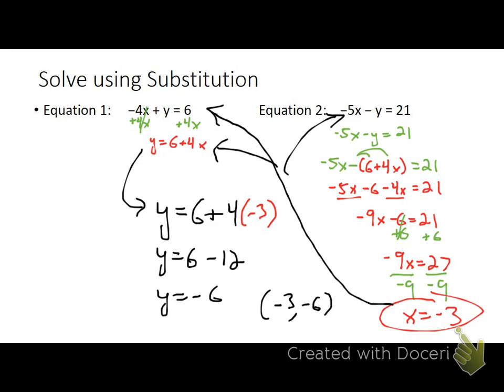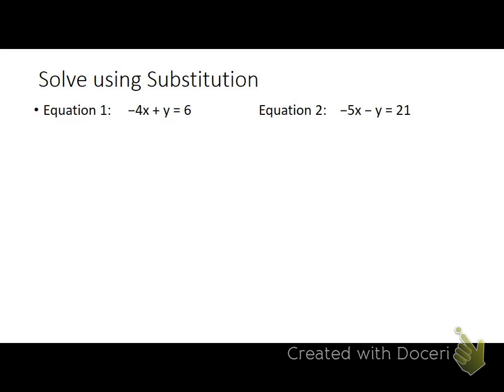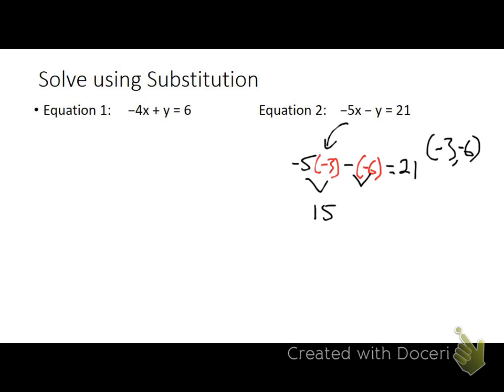So if I were to check my work, we've already established that our solution was negative 3, negative 6. And so let's just see if we get a true statement. Negative 5x minus y equals 21. That becomes 15. That becomes plus 6.